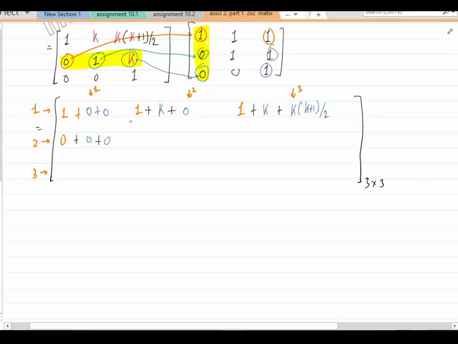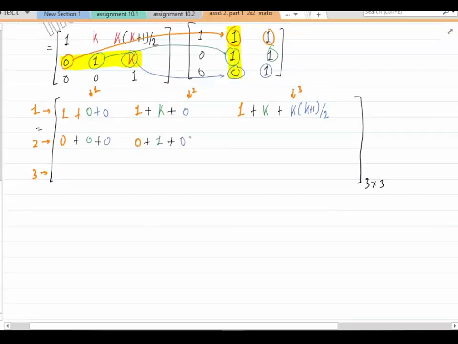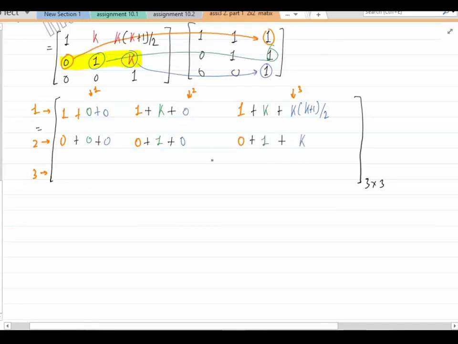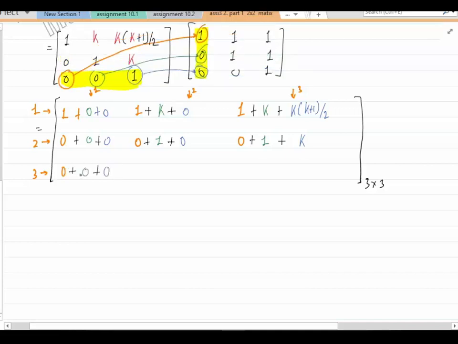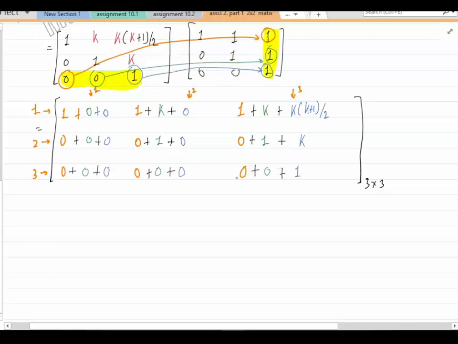Similarly, the next two terms will be 0 plus 1 plus 0 and 0 plus 1 plus k, and the last row will be 0, 0, 0 and 0, 0, 1, right?